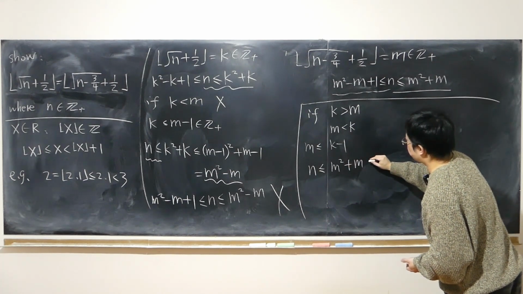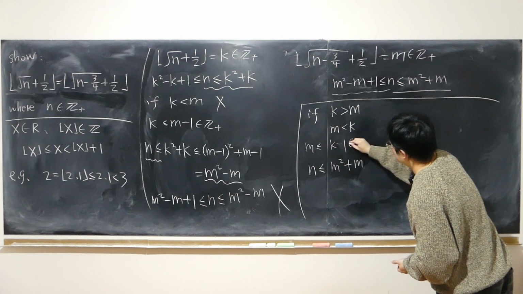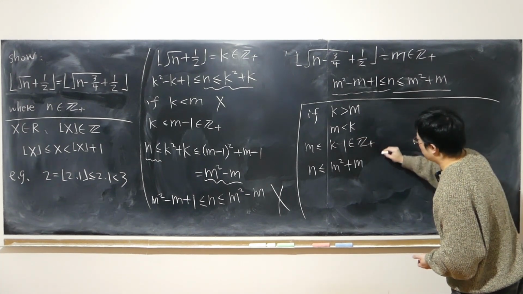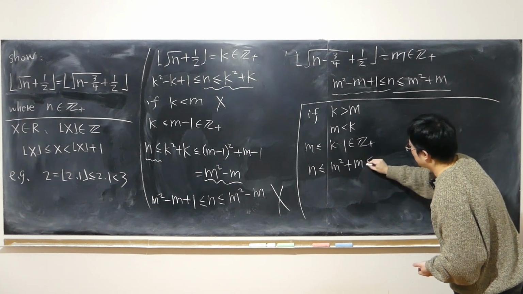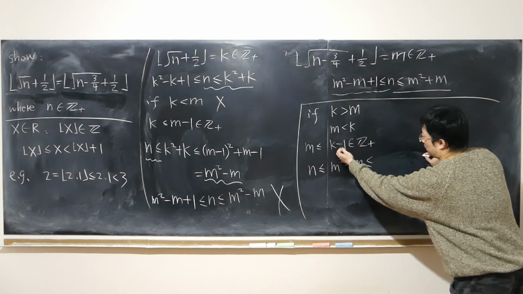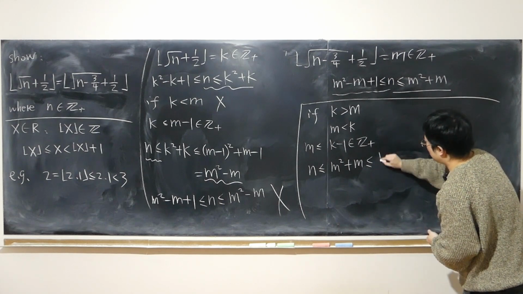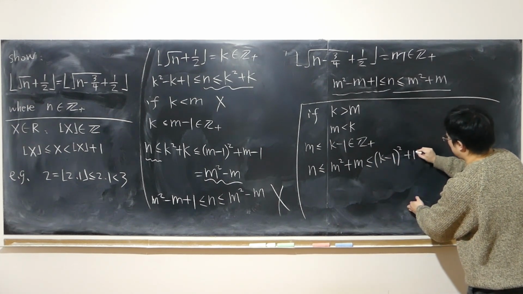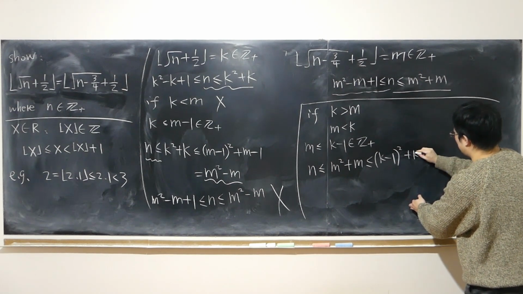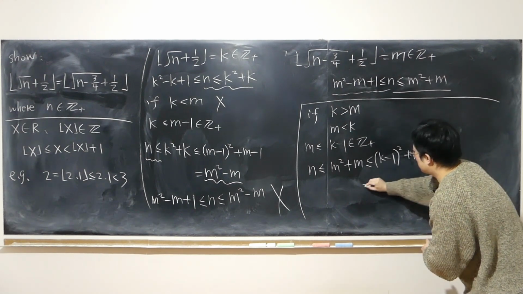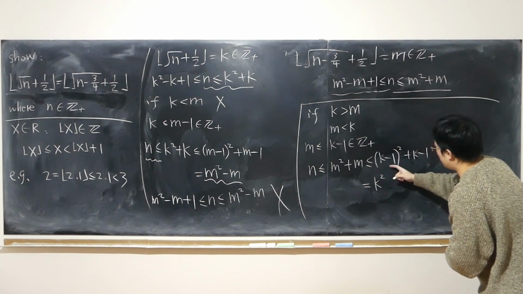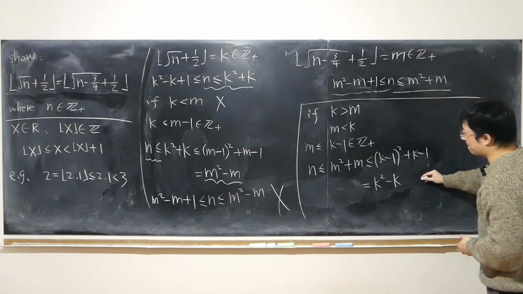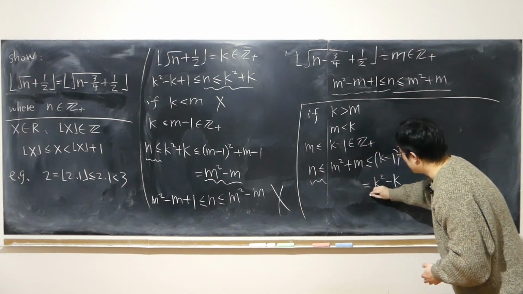At the same time, likewise, this is definitely strictly positive. Loosening the inequality, m less than or equal to k minus 1, this is less than or equal to (k minus 1) squared plus (k minus 1). So that is k squared minus 2k plus k minus k plus 1 minus 1, gone.